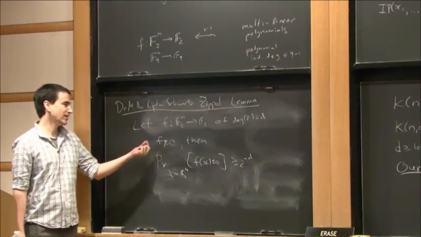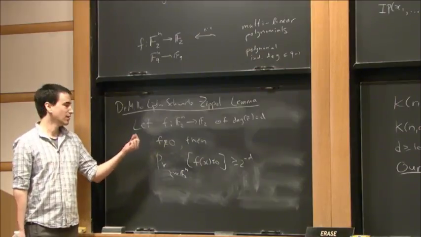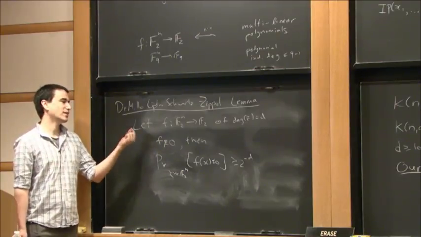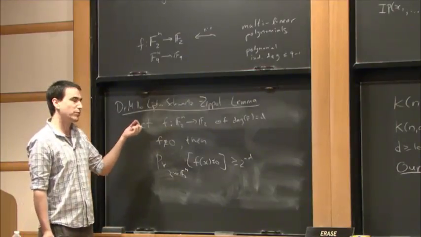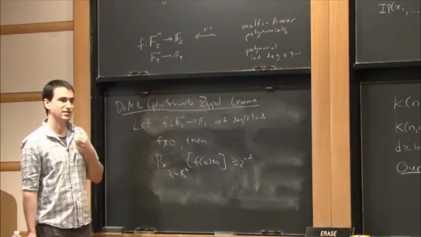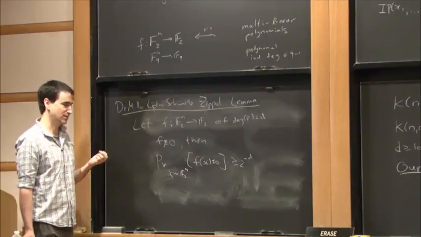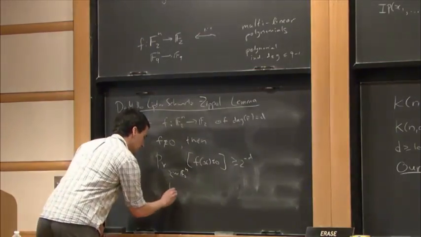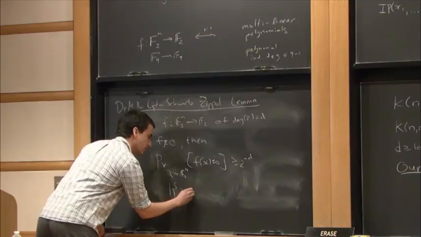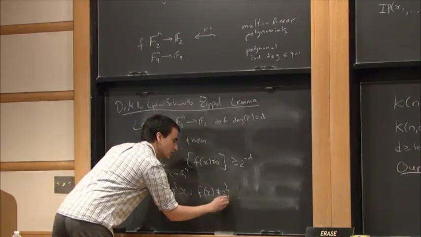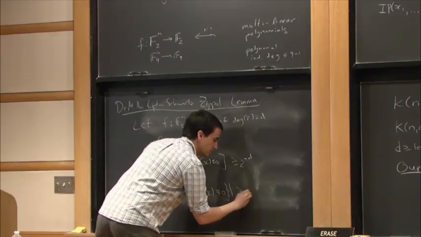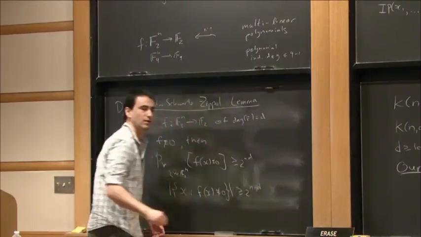So what does this mean? It means something very nice about low degree polynomials. If you have a polynomial of low degree and you know that there is one point on which it's non-zero, then you know that there are many points on which it is non-zero. You can interpret this as saying that the set of points on which it's non-zero has cardinality at least 2 to the n minus d.